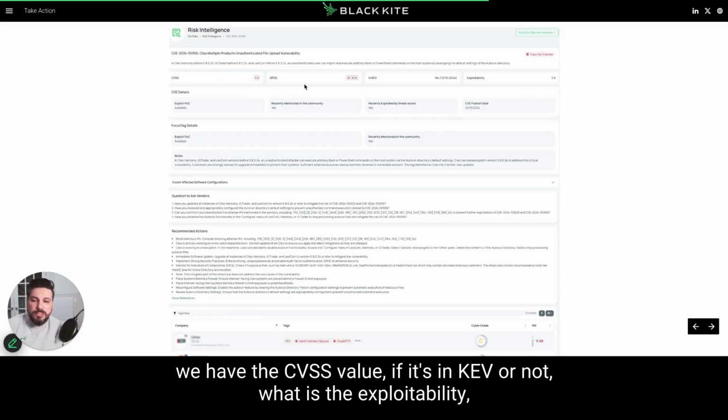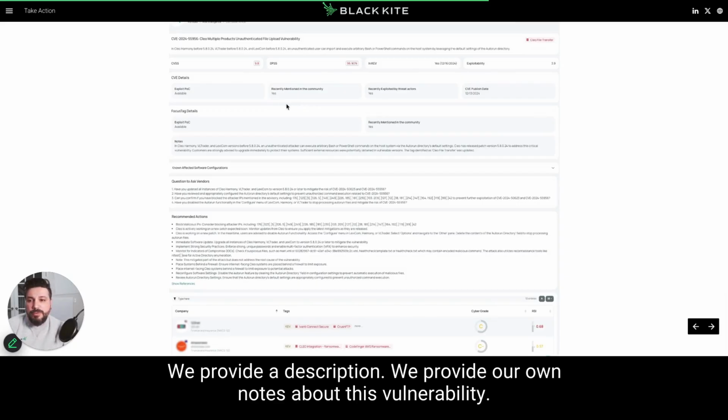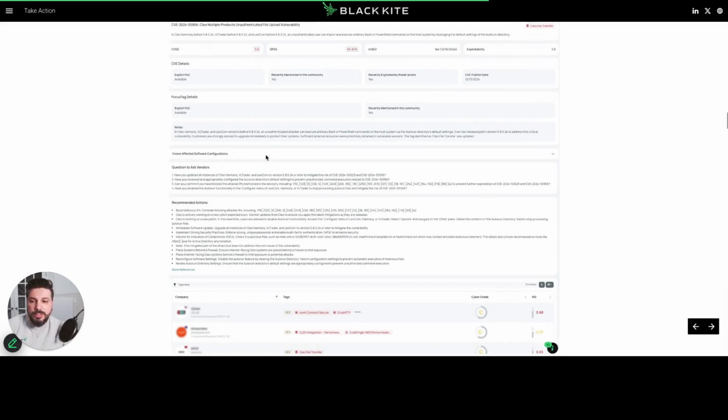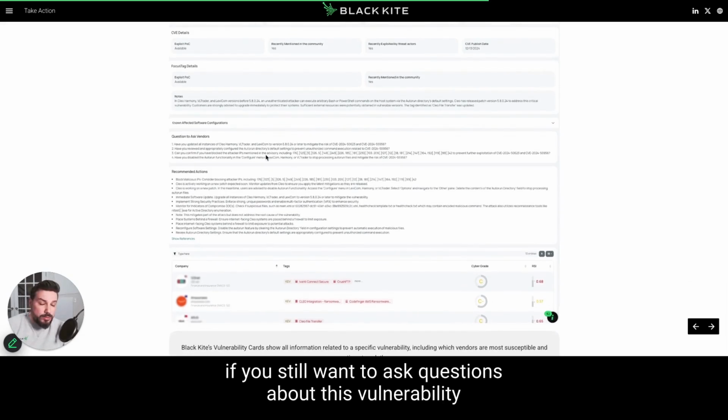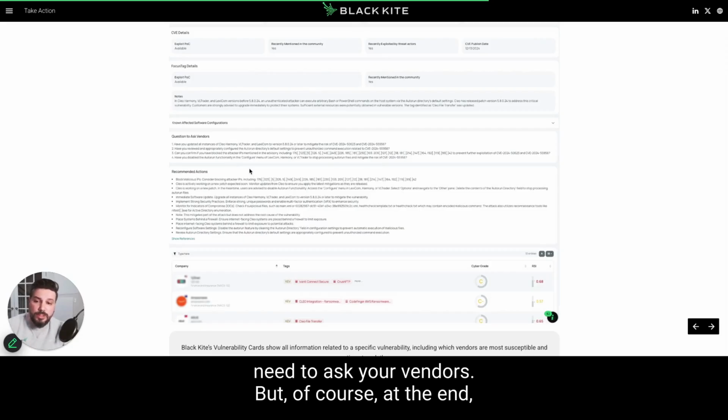We have the CVE's value, EPSS value, if it is in KEV or not, what is the exploitability, if there is an exploit POC, if there is any mentioned in the community. We provide the description, we provide our own notes about this vulnerability. If you still want to ask questions about this vulnerability to your vendors, we also recommend what questions you need to ask your vendors.